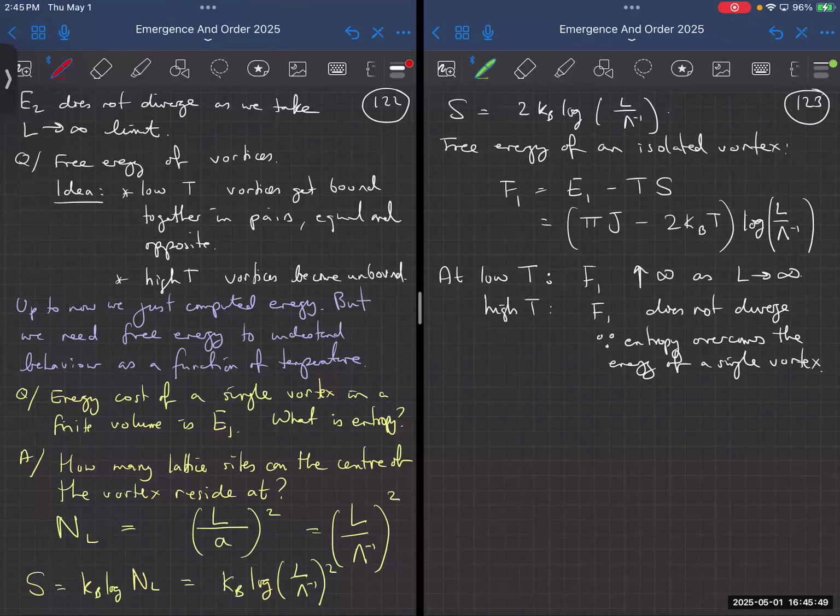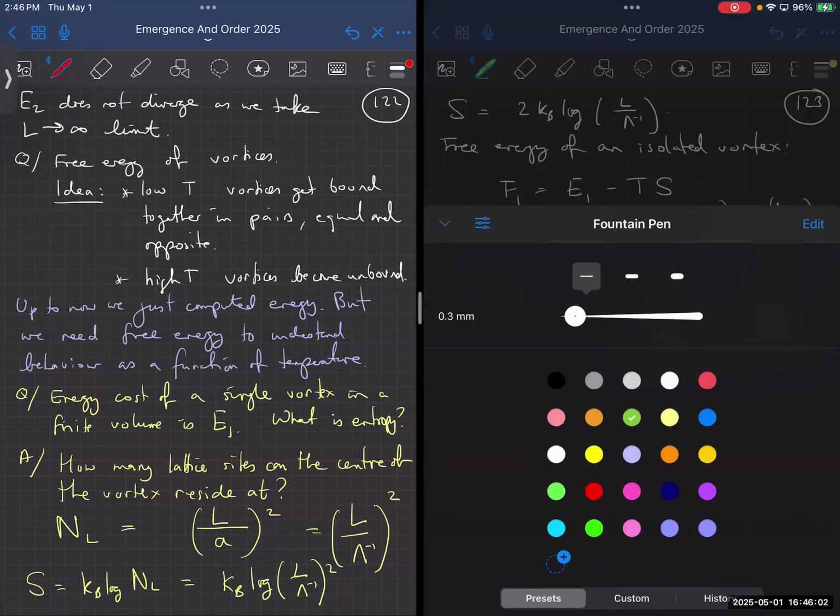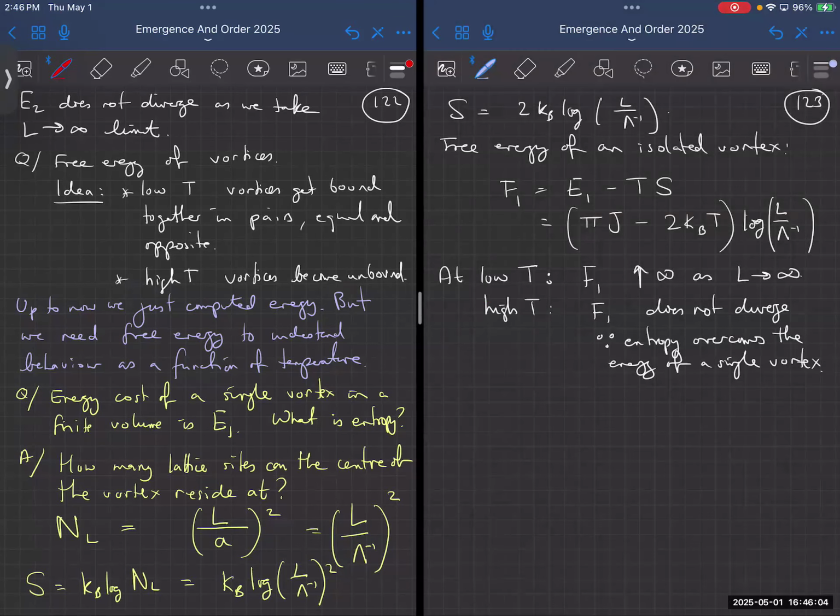Okay, so now we come back to where we were. So the free energy doesn't diverge at high temperatures, and so what we've learned is that, what is low and what is high? You can see that this transition occurs.